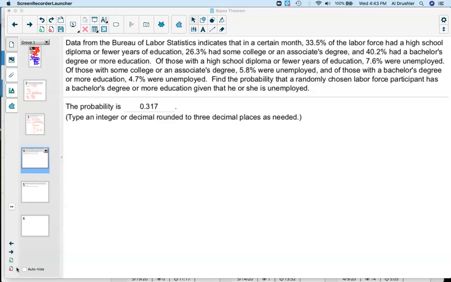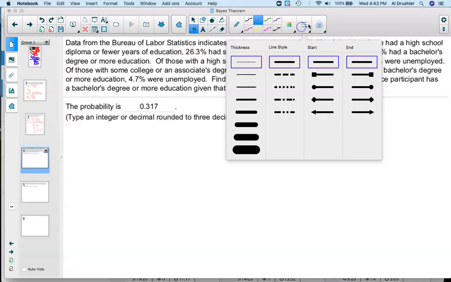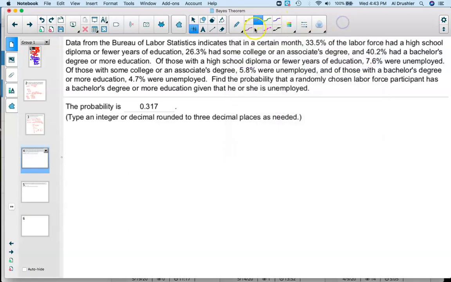a high school diploma or fewer years. Okay, so I'm going to start writing out probabilities as I do this. So I know eventually that percentage can be written as a decimal, 0.335. So essentially they're saying the probability of high school diploma is 0.335.